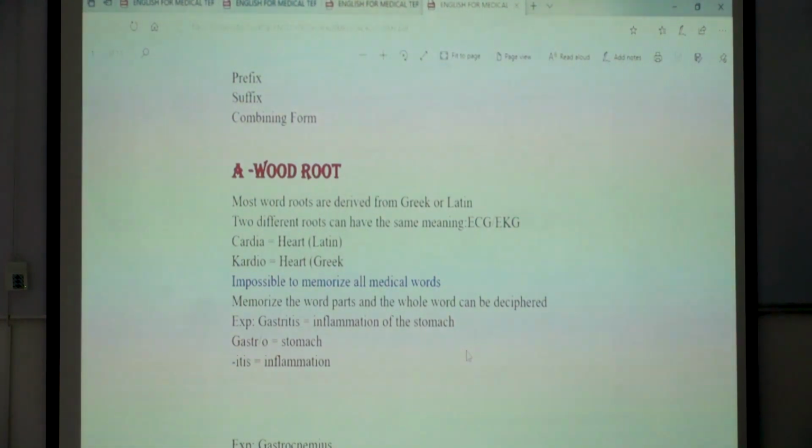The decodable term is formed from either a prefix, root, suffix, or a prefix, root, vowel, root, vowel, suffix, or prefix, root, suffix, or sometimes we have a prefix and suffix like hemiplegia. So this is the formation of the decodable word.